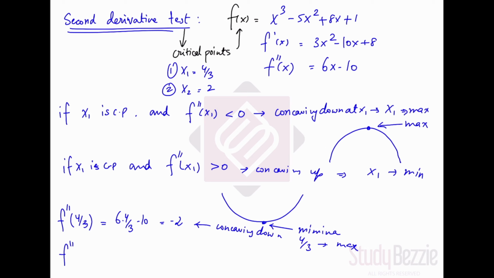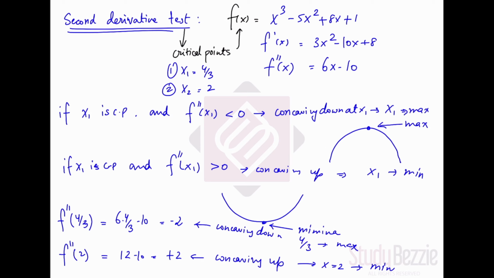And if you apply the test on the second candidate, which is 2, if I plug in 2 there, I'm going to get 12 minus 10, which is going to be positive 2. So that means it's concaving up at x equals 2, making x equals 2 a min. Okay, and now the context of it being local or global could be attached later on, after the thing is done. So this is how we do the second derivative test on any function.